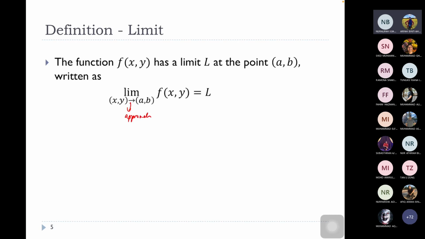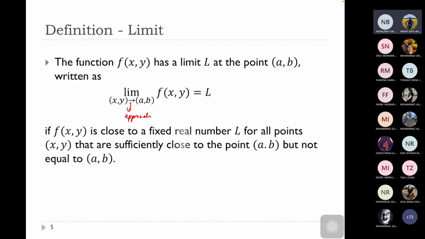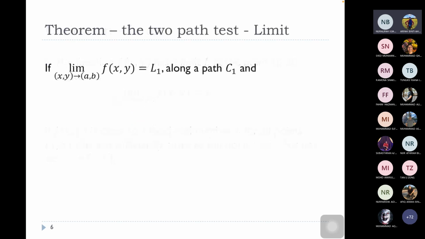Approach, menghampiri AB for the function xy akan sama dengan the value of L. So if f xy is close to a fixed real number L, okay? for all points xy that are sufficiently close to the point AB, but not equal to AB. Dia macam dekat sangat tapi tak boleh sentuh. Macam gitulah maksud dia. Sufficiently close, very close to AB, but does not take the value of A dan B. Okay.